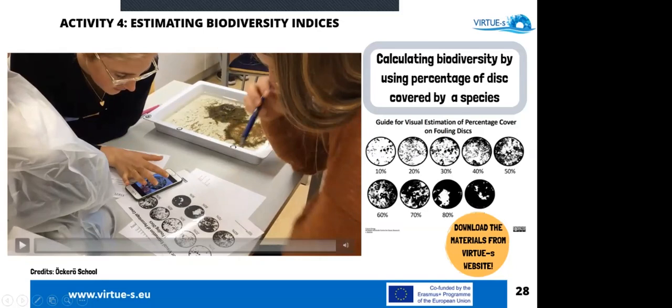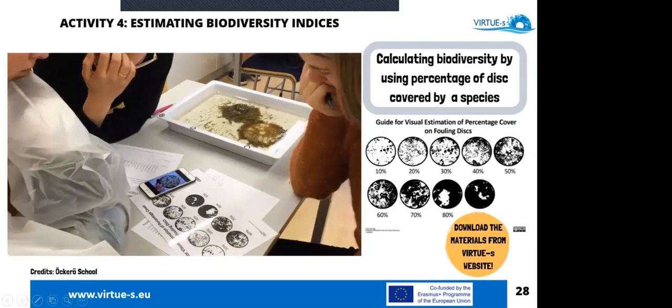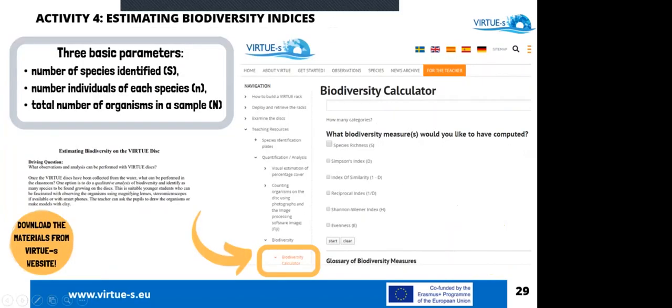But in any case, taking a picture is always a good idea for visual estimation of the percentage cover, also because you can zoom in and zoom out the picture. And you can download Virtue's teaching package on estimating biodiversity on Virtue's disk.